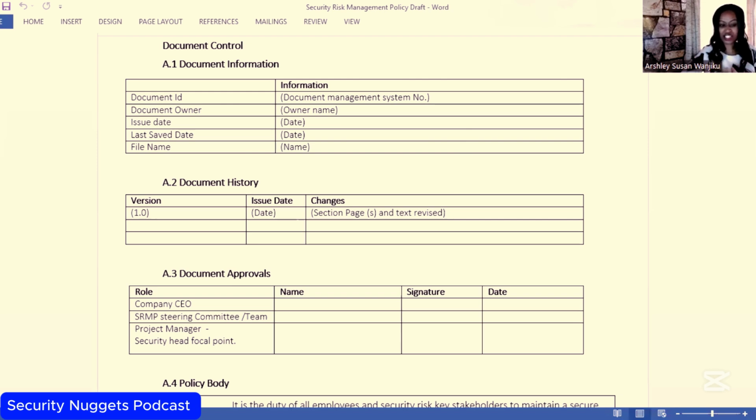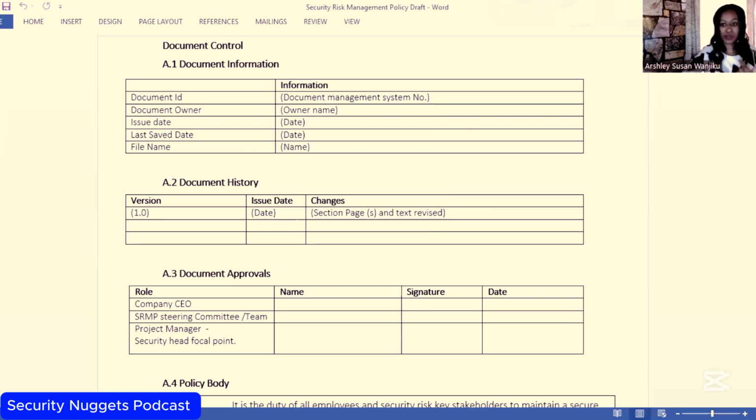Again, we need to have a section for document approvals. Remember, this is a document that will be going through approvals for it to be executed. If you're preparing the policy for the security risk management program, assuming that you're formulating the program from scratch, it obviously needs to go through some form of approval, and most importantly, approval from the organization head.